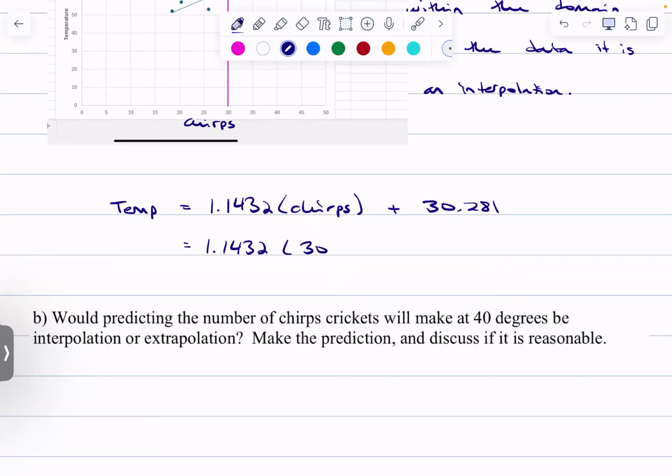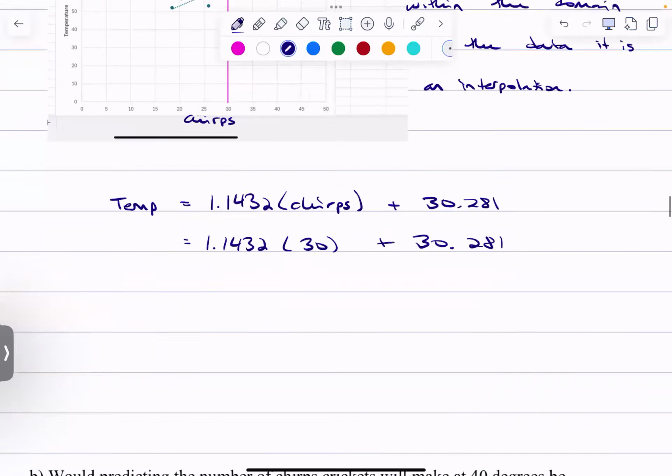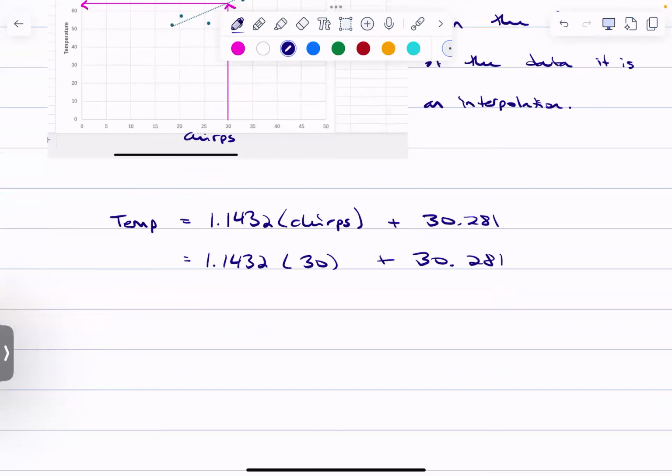1.1432 times 30 plus 30.281. The predicted temperature, I should say, is 1.1432 times 30 plus 30.281.